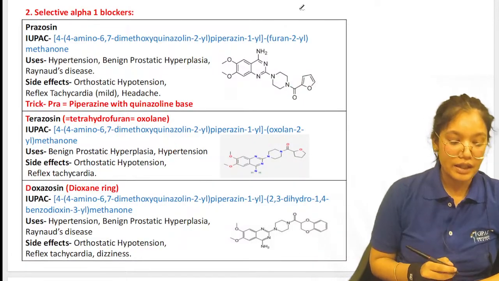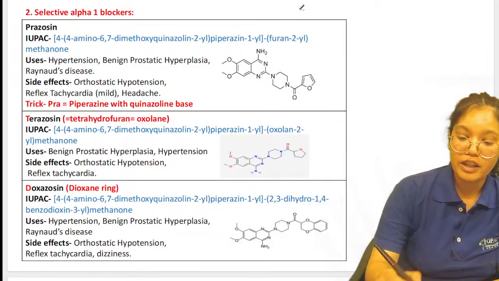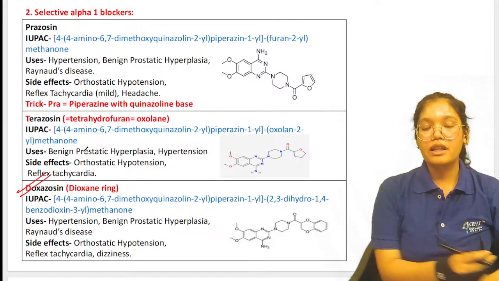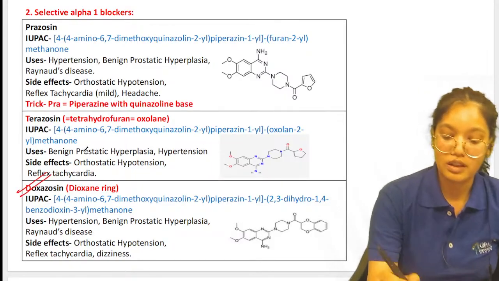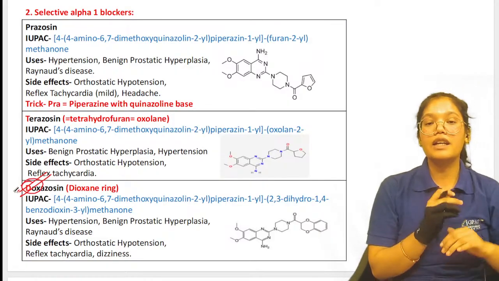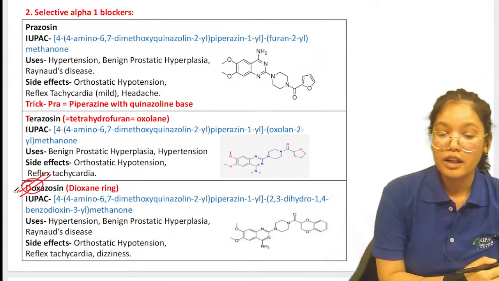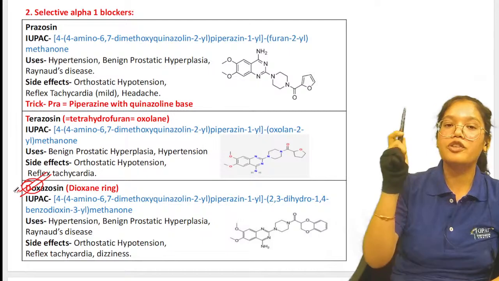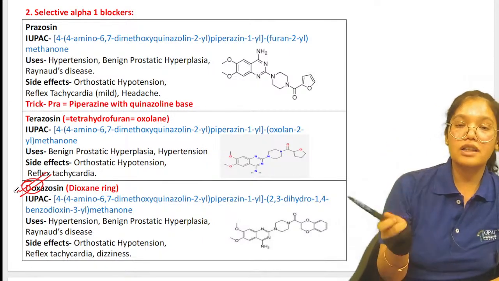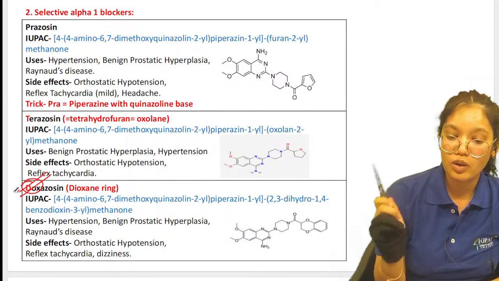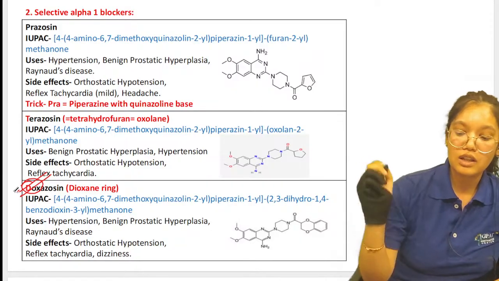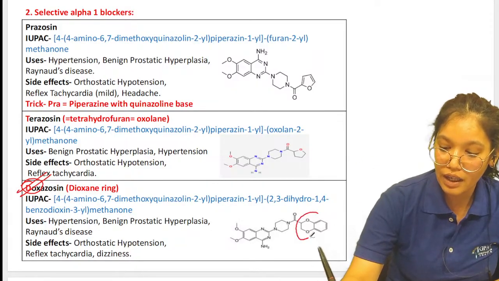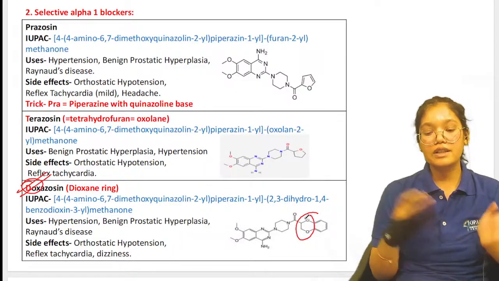Now the next drug we have is doxazosin. From doxa we can say it has a dioxane ring. Prazosin contains the furan ring, terazosin contains the tetrahydrofuran ring, and doxazosin contains the dioxane ring in its side chain.